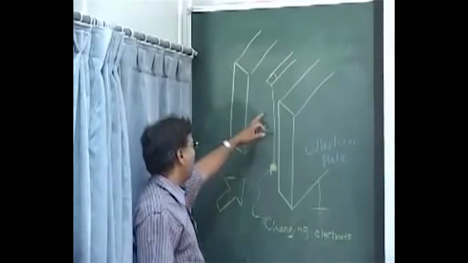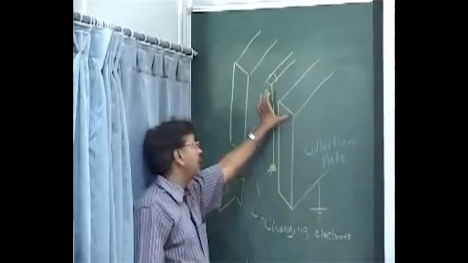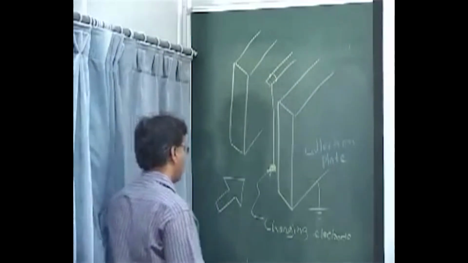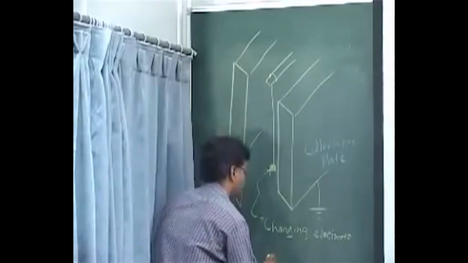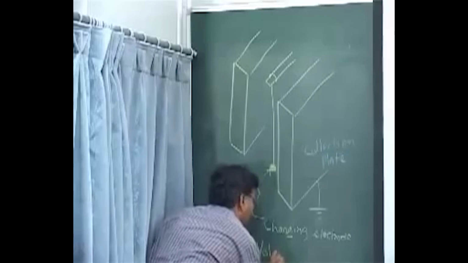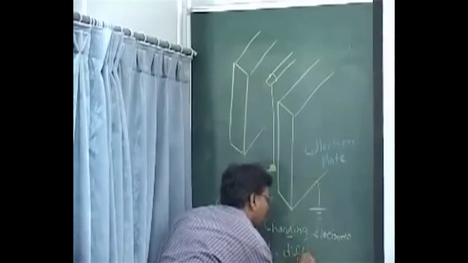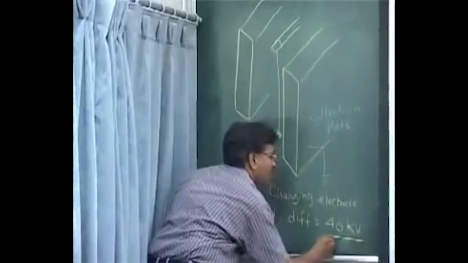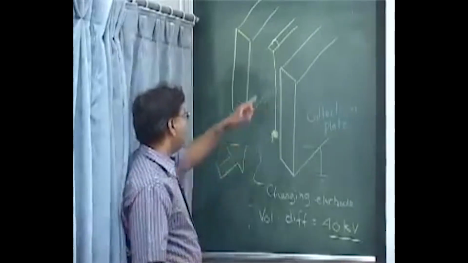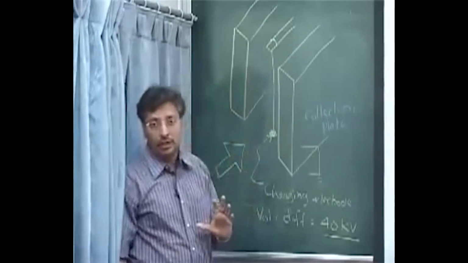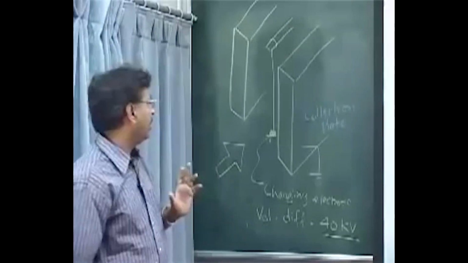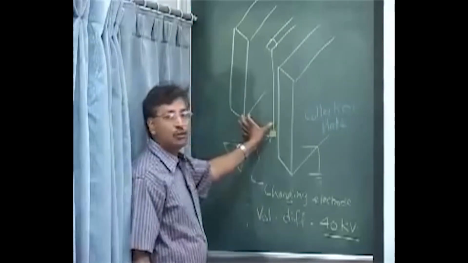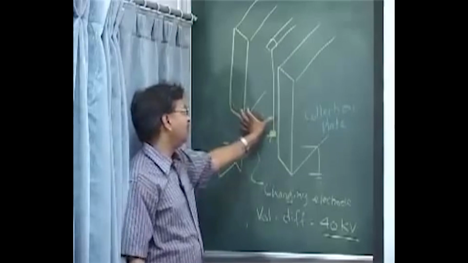The voltage difference between the plate and this electrode is about 40 kV, and this is negatively charged generally. It could be positively charged also, but generally it is negatively charged. The distance we are talking about is about 3 to 4 inches between these two plates.